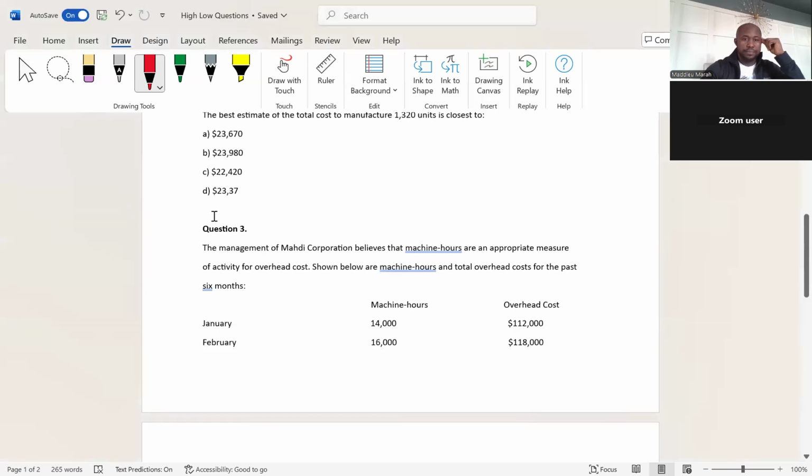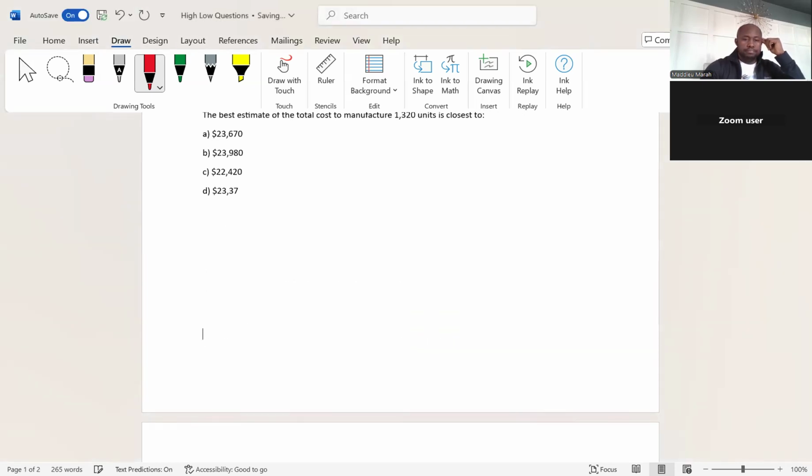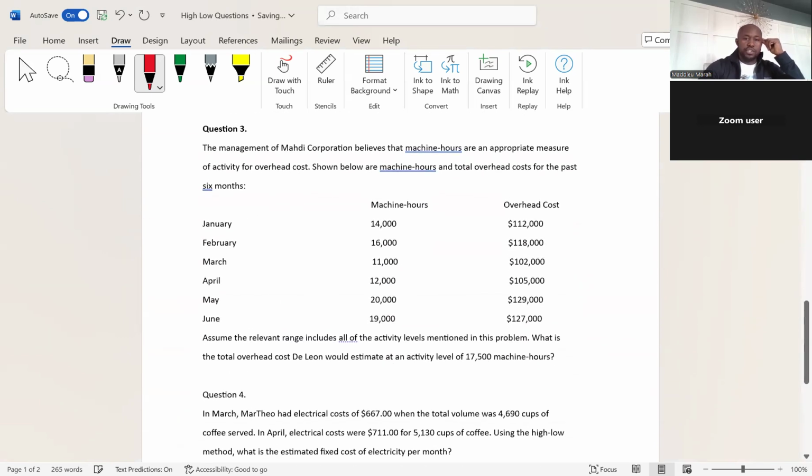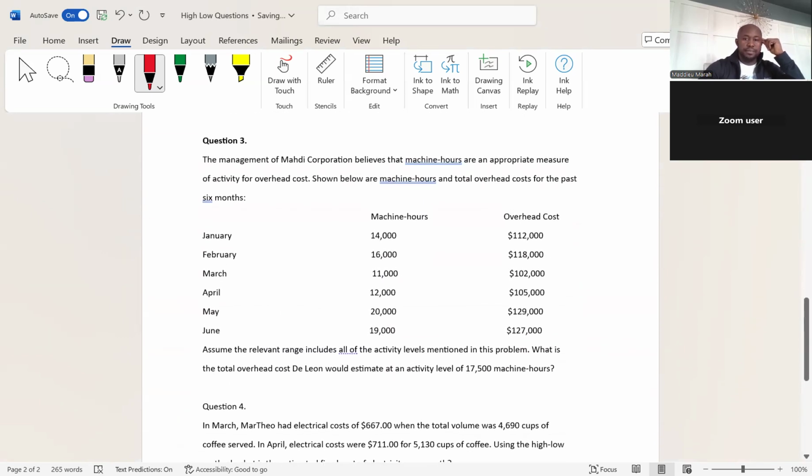We bring it down. Okay, so we have question 3 here. You can pause the screen or take a photo of the screen and follow me with the solution. Try it first on your own, and you can follow me with the solution.